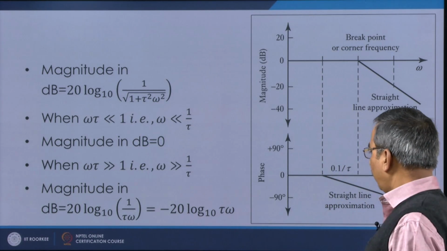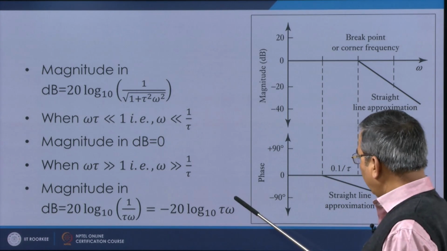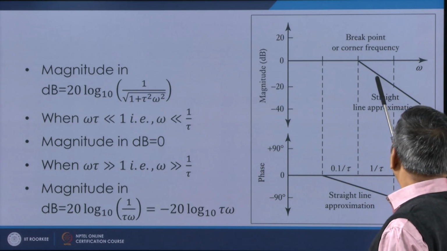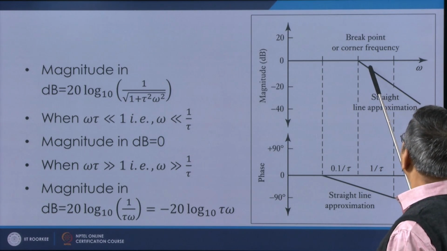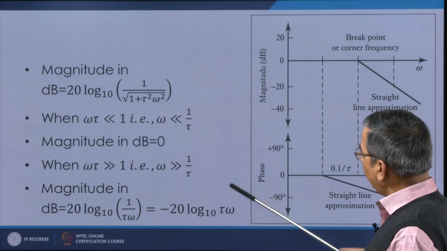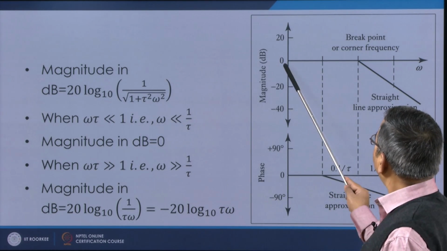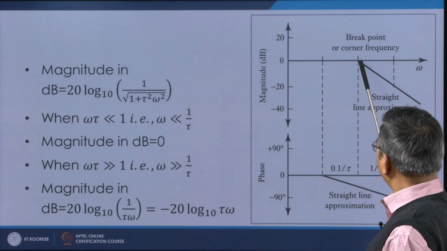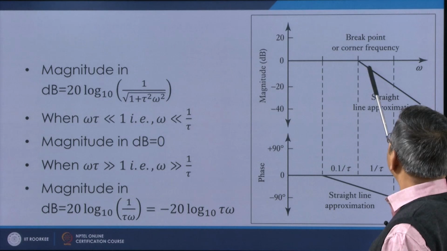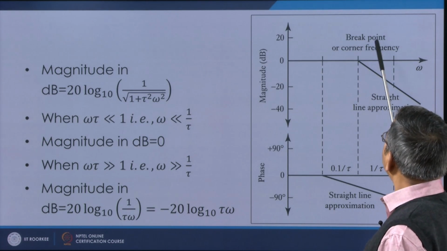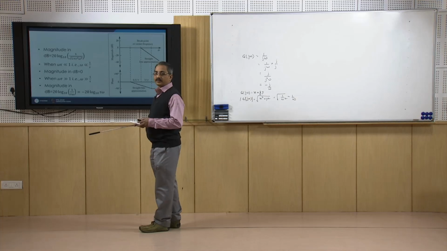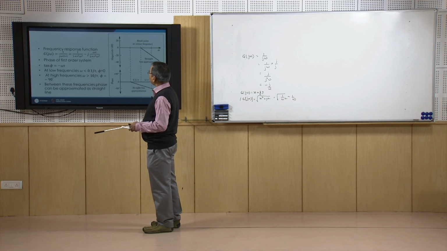If I plot this, this is what I am going to get. This is the straight line approximation for this portion, and this is the plot for the other portion. You can see that the intersection of these two straight lines is what we call the break point or the corner frequency.